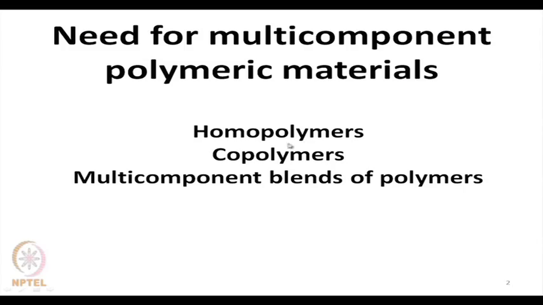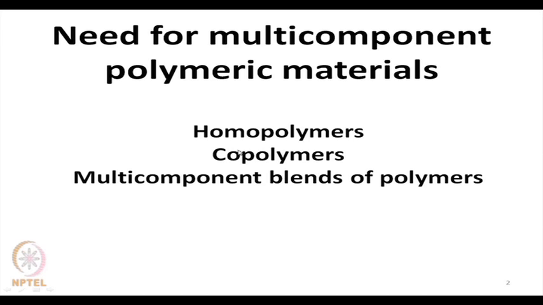When the monomer units of two different monomers are arranged in a block sequence, a block of one monomer followed by a block of the second monomer, then we get block copolymer. Or the two monomers can be arranged in a random fashion along the backbone chain, that is called random copolymer.